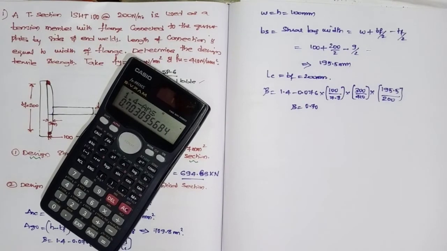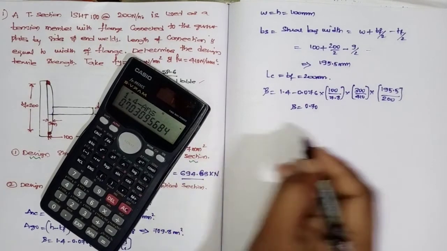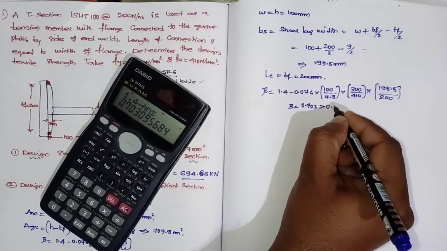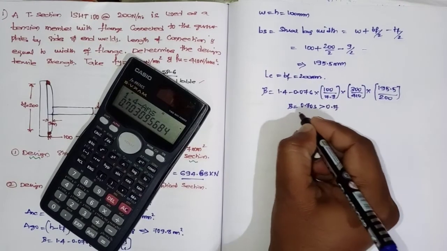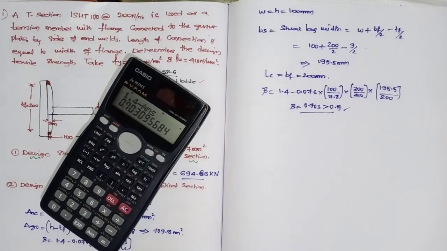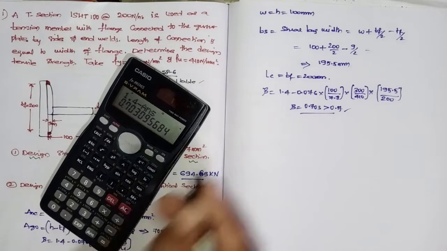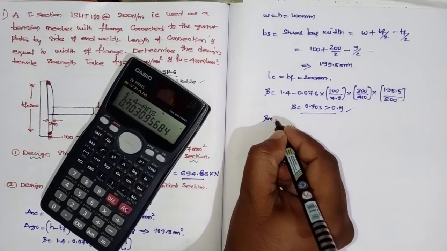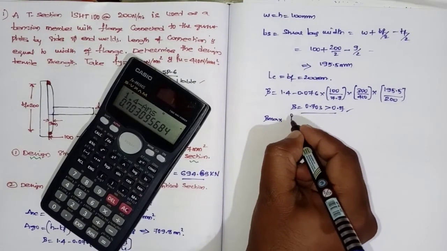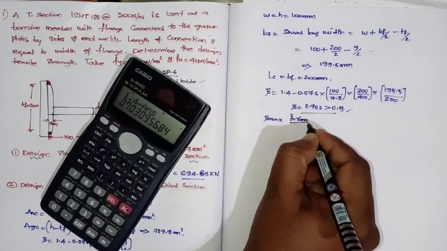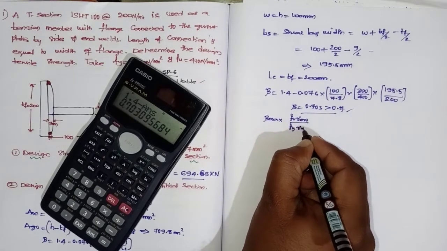What is beta? 0.703, which is greater than 0.7. Anyway, it will definitely be less than beta max. What is the beta max formula? We will remind now. It is Fu gamma m0 by Fy gamma m1.